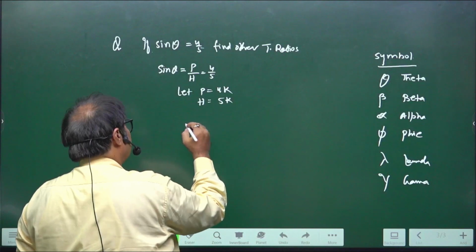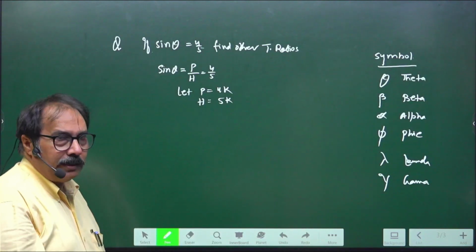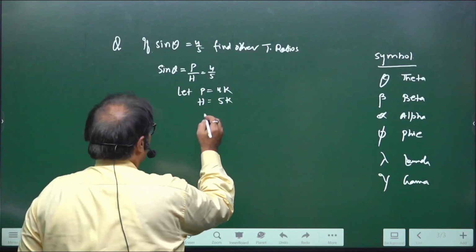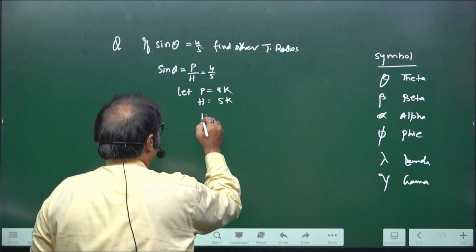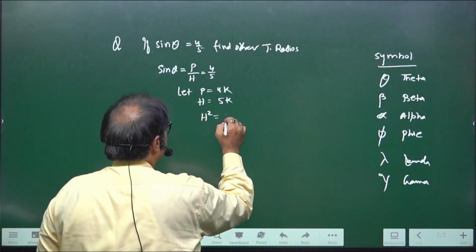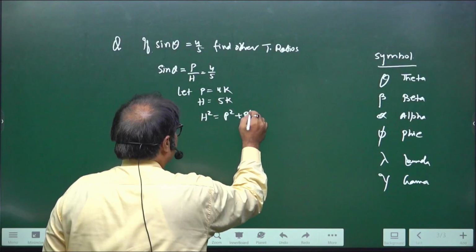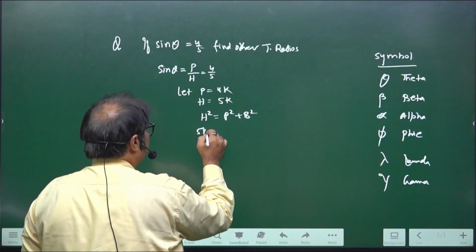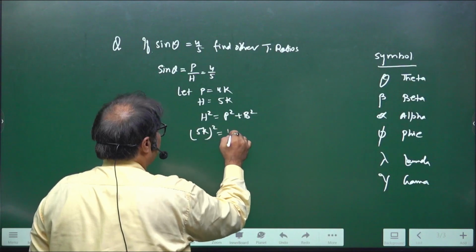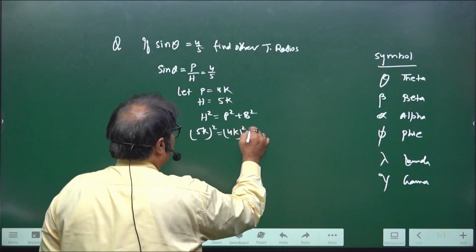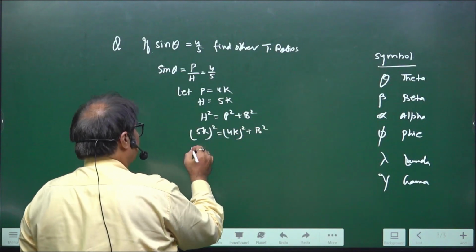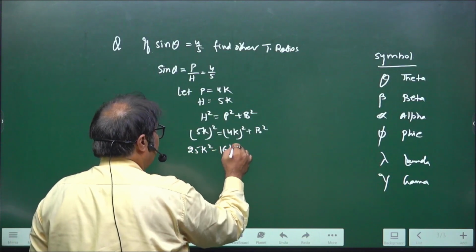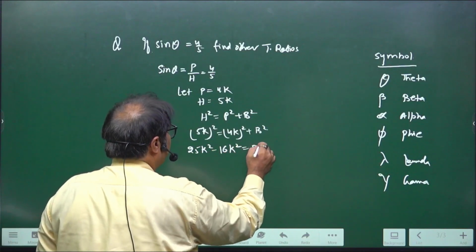Hypotenuse square is equal to perpendicular square plus base square. So 5K square is equal to 4K square plus B square. So 25K square minus 16K square is equal to B square.